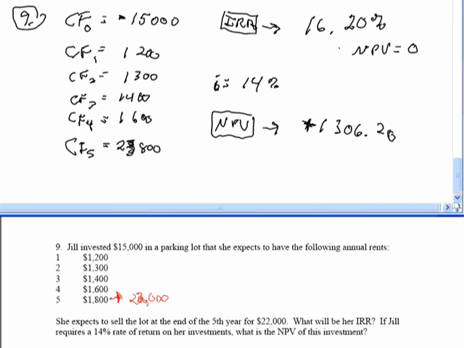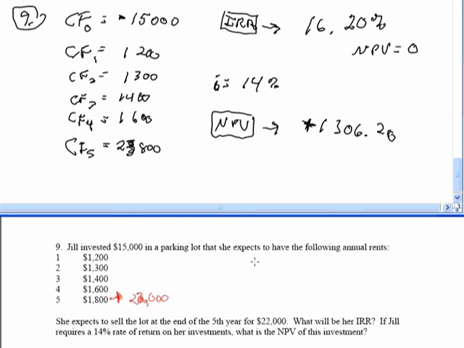So at a required rate of return or hurdle rate of 16.2%, NPV equals 0. And at a 14% required rate of return, the NPV is positive $1,306.20. So that's our NPV on this investment. And notice, according to both NPV and IRR, this would be a good investment. We'd say invest. We tell Jill to invest in this venture, this property.